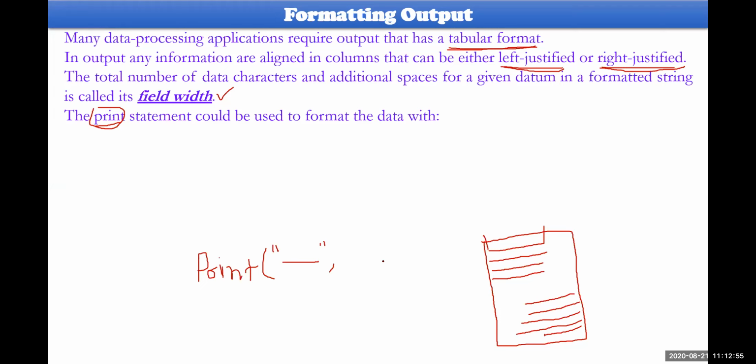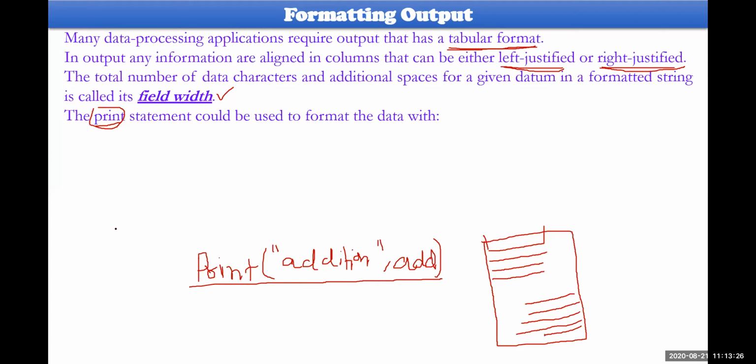Let me give one specific output here, then you could understand very easily. Let me say the addition is, for example, "addition is", followed by a comma and a variable add. So this is the way you have to produce the output. This is the general point of view when we have to place the data onto the screen.